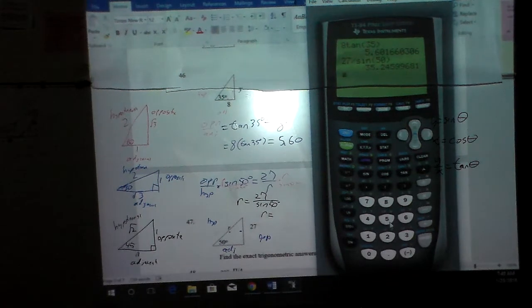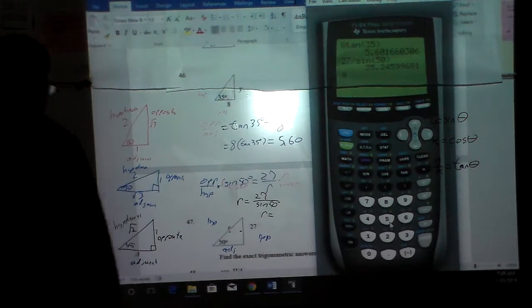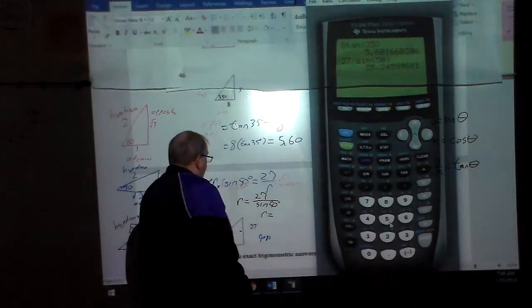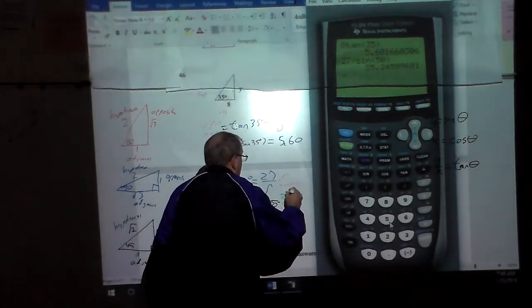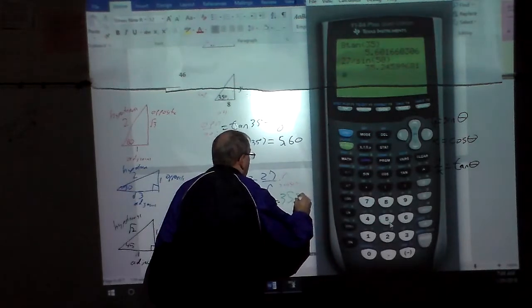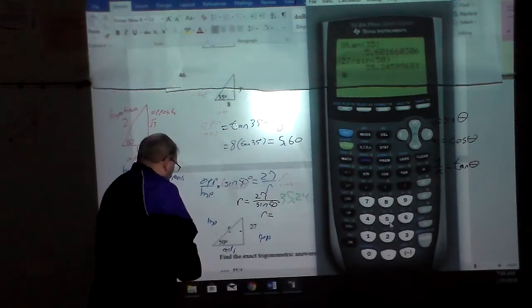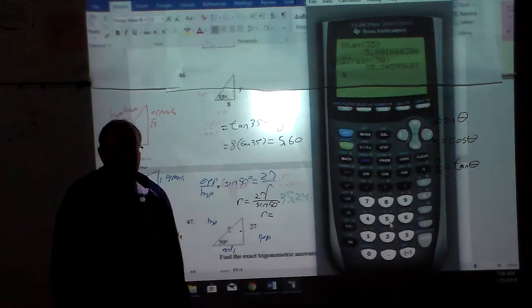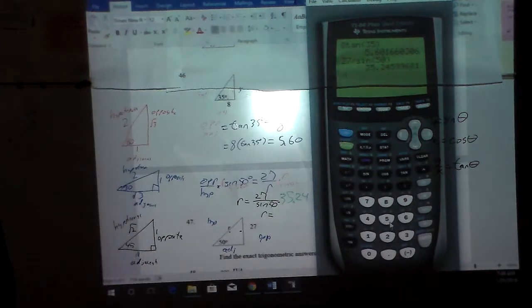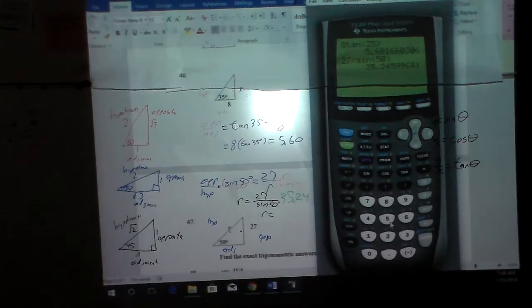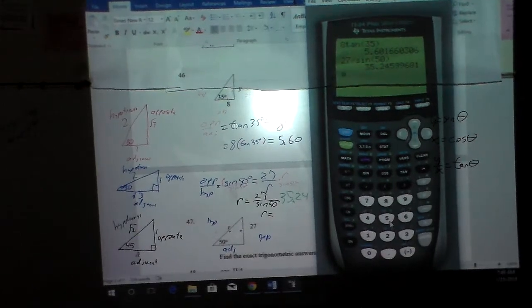The 4 would actually round up to a 5, so your answer would be 35.24. And that's how I would actually find the value of the side of the triangle right there.